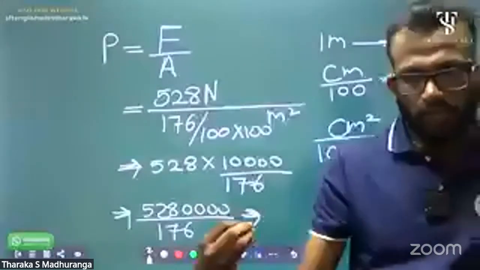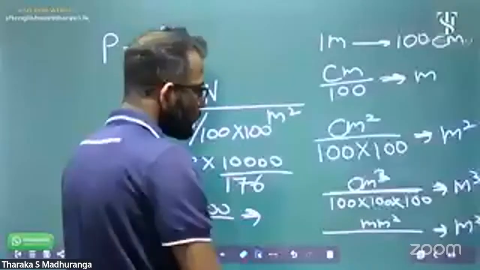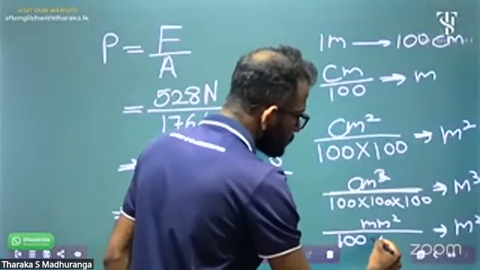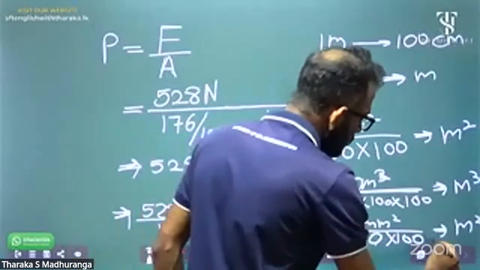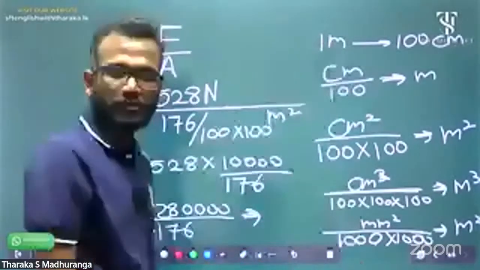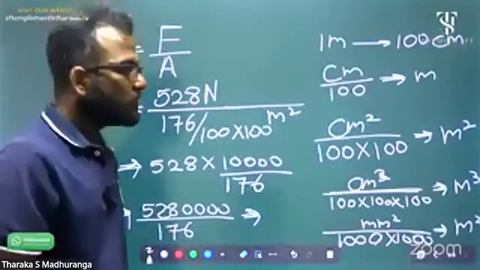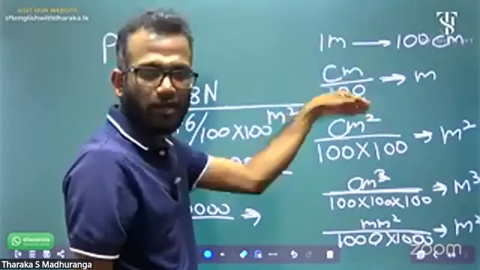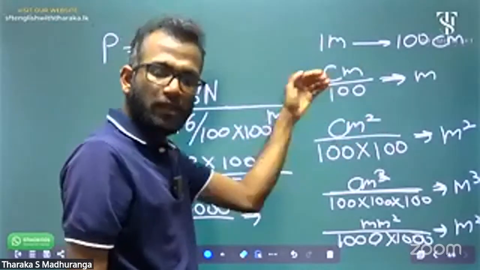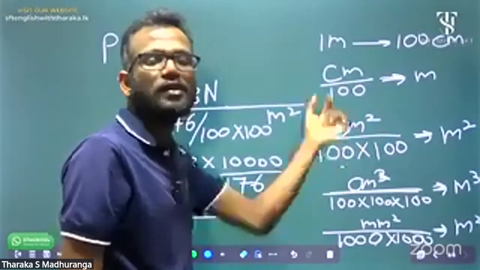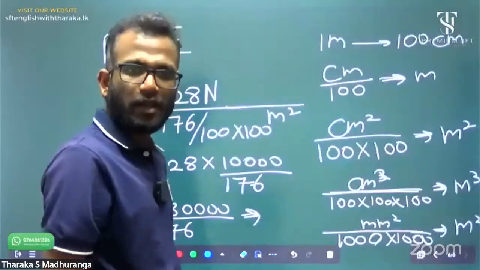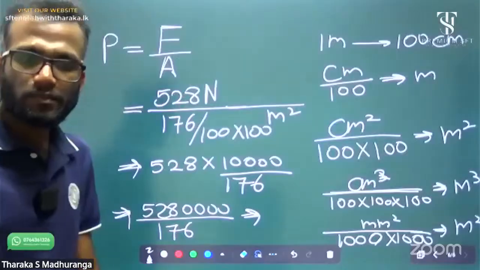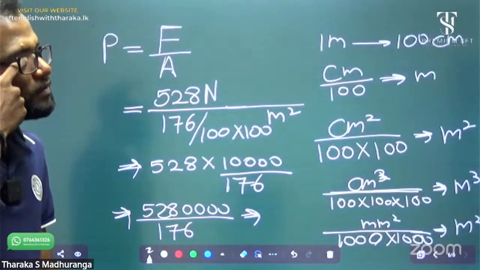Divide by 1000. Therefore, since it is square, divide by 1000 into 1000. Remember this. Understand the order. First check how centimeters convert into meters: divide by 100. Now it is square, so divide by 100 into 100. Ranga, understood?